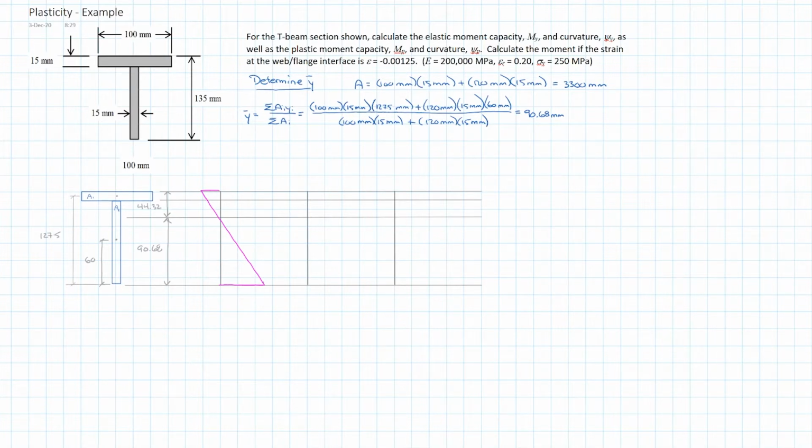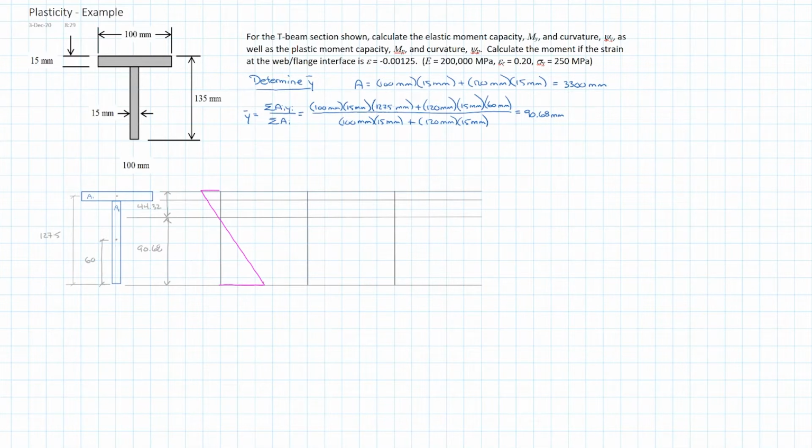And that's because it's an asymmetric cross-section with more material in the flange carrying load than we have in the web. And so the neutral axis will be in the top half, closer to the top than the bottom, which will give us that asymmetry in the strain diagram.